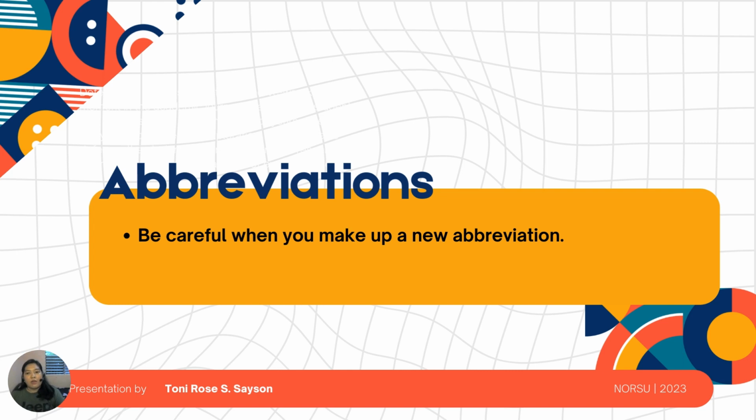Next is on abbreviations, and be careful when you make up a new abbreviation. If you must use a new abbreviation in your report, don't use an abbreviation that your readers will associate with a different term or phrase, because that might confuse them.